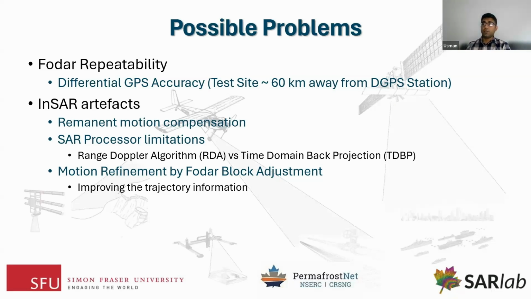It's very good for spaceborne sensors, but not as good as it should be for airborne sensors. So we thought maybe switching over to the time domain back projection algorithm might help. Also, if we could utilize the 4-DART block adjustment or the motion compensation outputs from the 4-DART processing, we could improve the trajectory information and use it as feedback to improve the interferometric results. So these were the few hypotheses that we made.